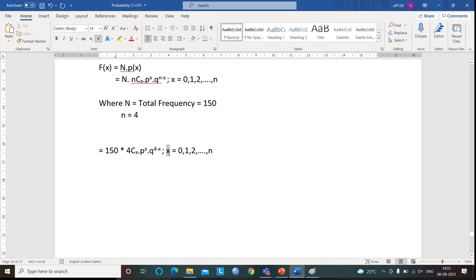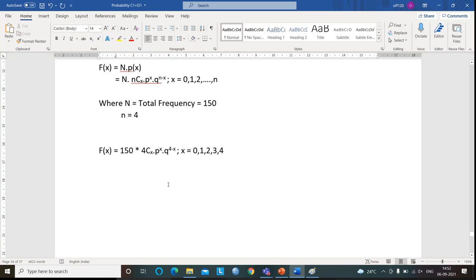If n is equal to 4, x ranges from 0 to 4, right? Now, what is this expression called? F of x is equal to 150 into 4Cx into p power x into q power n minus x.